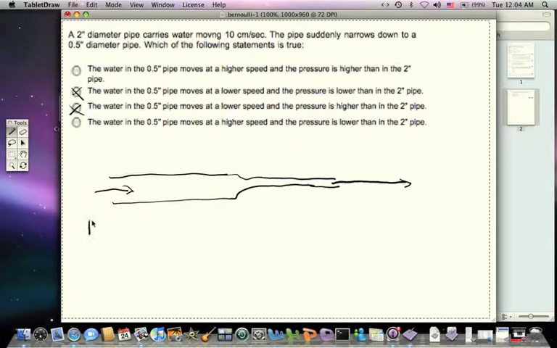Remember, Bernoulli's equation, essentially what it does is it's measuring conservation of energy. And so it's measuring the kinetic energy, and so you have a term that looks like the 1/2 mv squared, except it's density. This is the kinetic energy per unit volume, essentially.